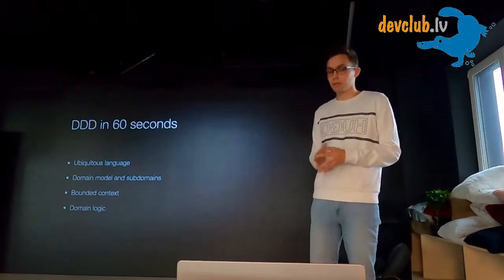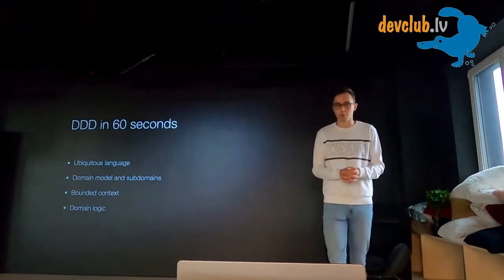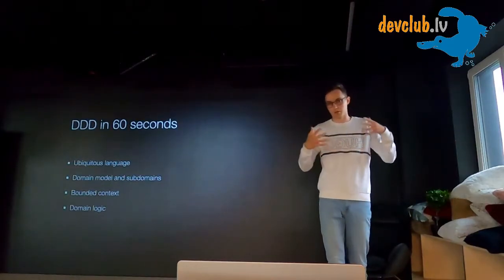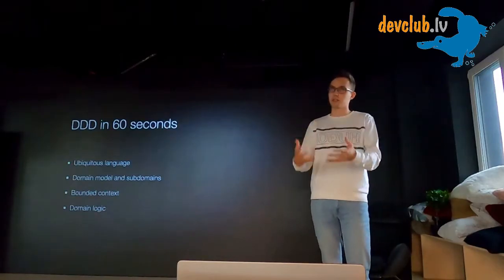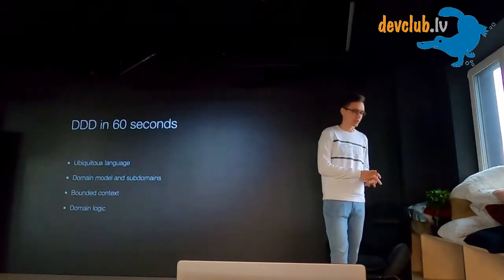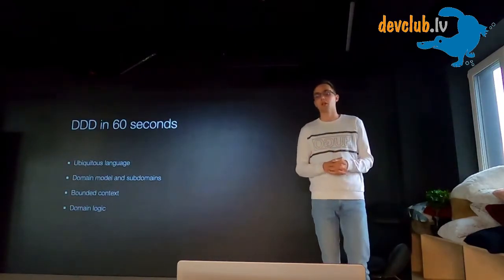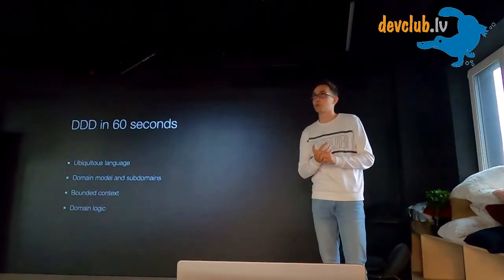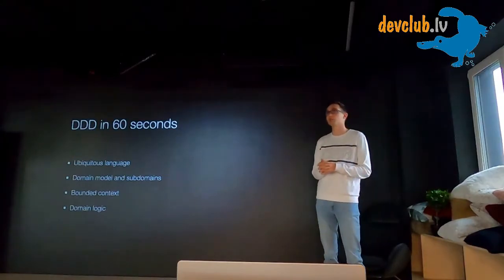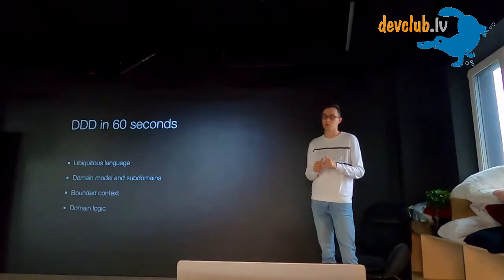Domain model and subdomains is just how you approach your business modeling, how you plan your data structures, how you plan your database structures, and basically this is the first thing I try to do if I go to consult any company.